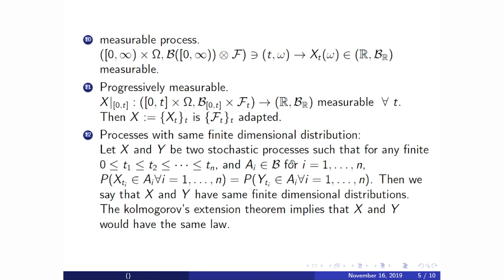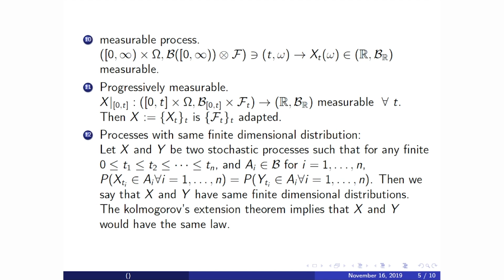We can observe the range values of the processes, and then we ask whether the probability of the joint event that X_ti is in A_i for i equal to 1 to n, that is, the n-tuple (X_t1, ..., X_tn) is in the Cartesian product A1 cross A2 cross ... cross An, matches the probability that Y_t1 belongs to A1, Y_t2 belongs to A2, ..., Y_tn belongs to An, that is, the n-tuple (Y_t1, ..., Y_tn) is in the Cartesian product A1 cross A2 cross ... cross An.